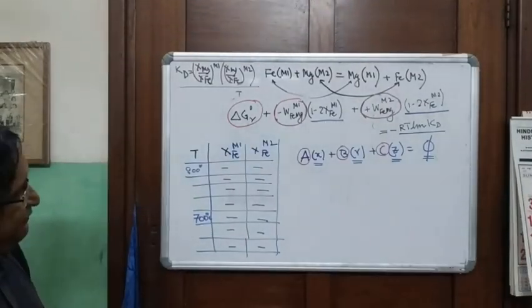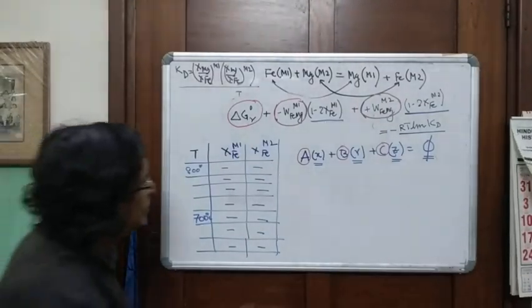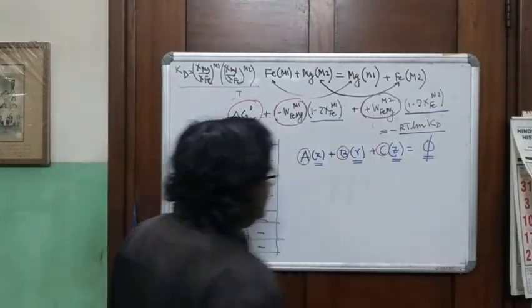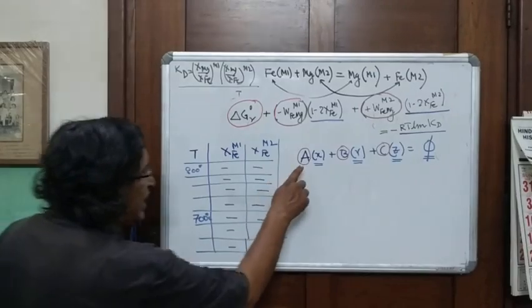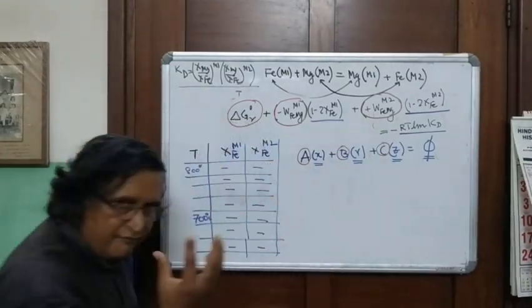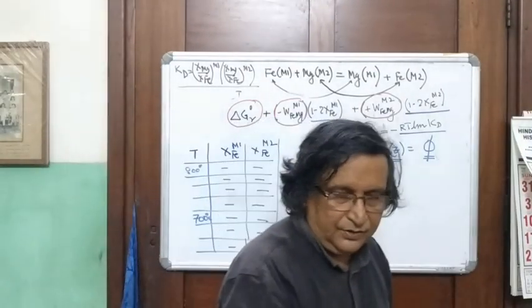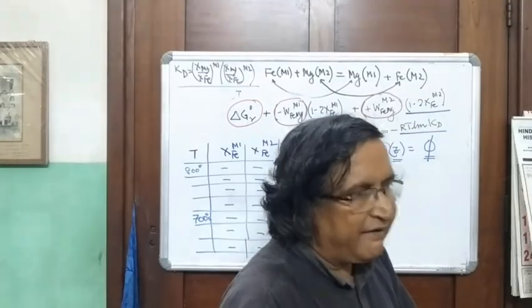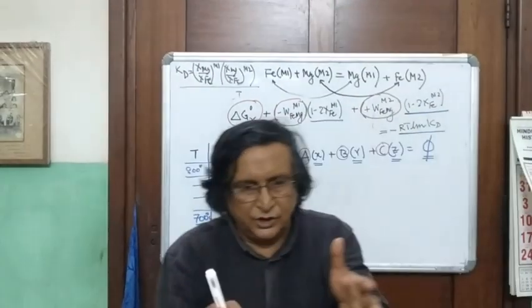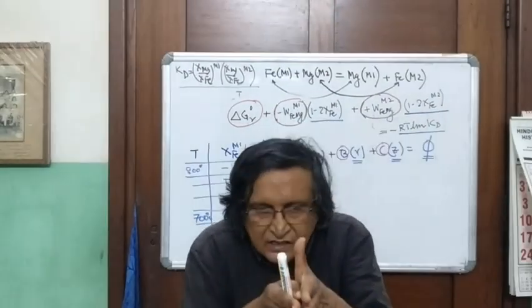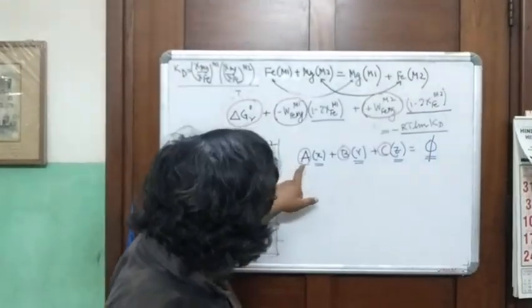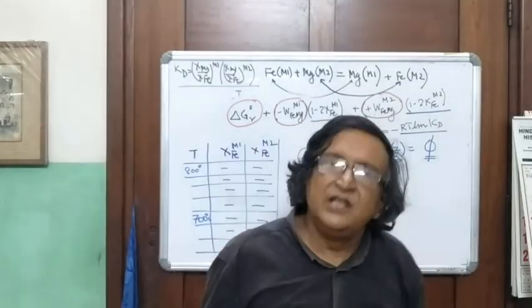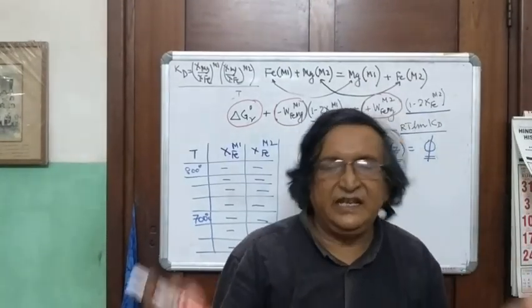So if we take this equation, there are 3 variables to be determined, so for a perfect solution we should have at least 3 equations to find out the 3 variables, just like you solve simultaneous equations.